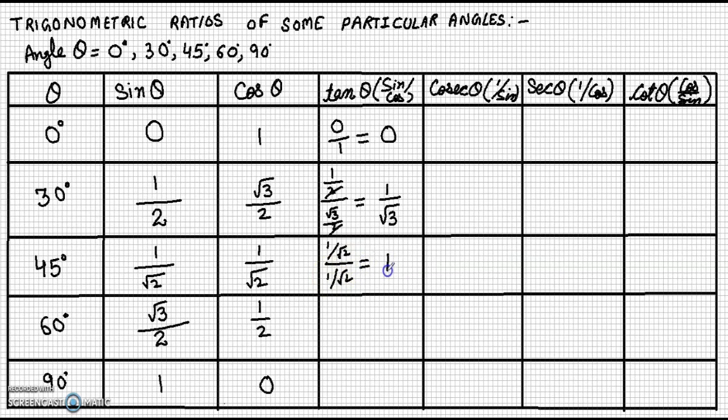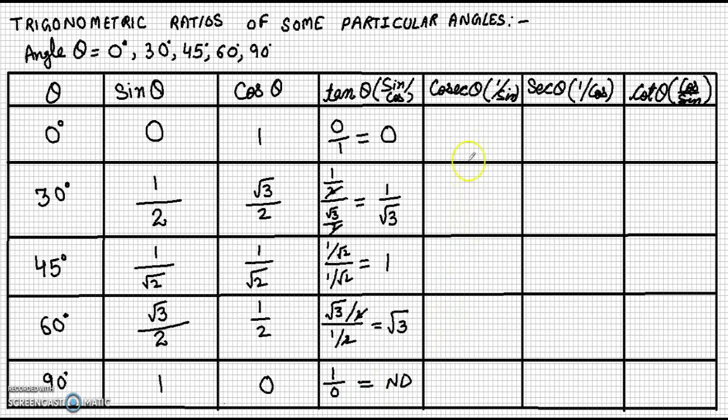And for tan 60 degree, root 3 by 2 upon 1 by 2, 2's get cancelled and we get root 3. For tan 90 degree, 1 by 0, that means not defined.